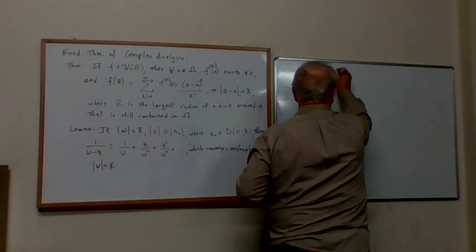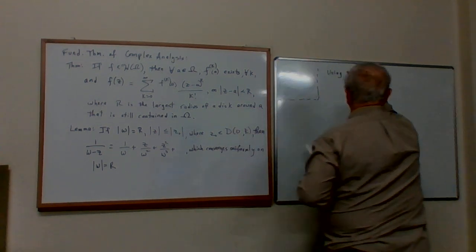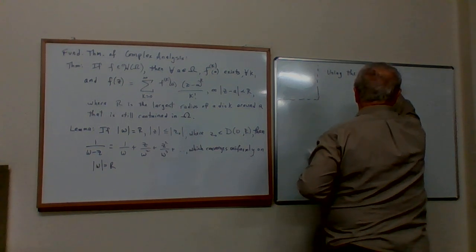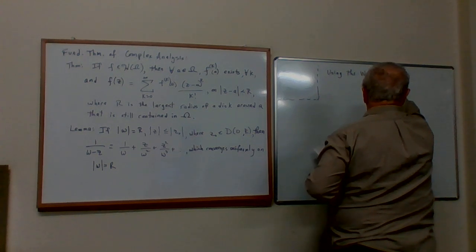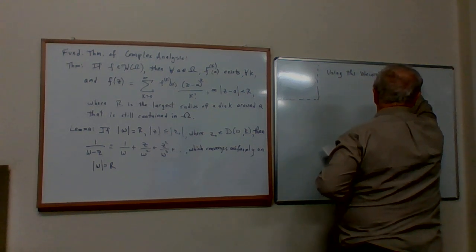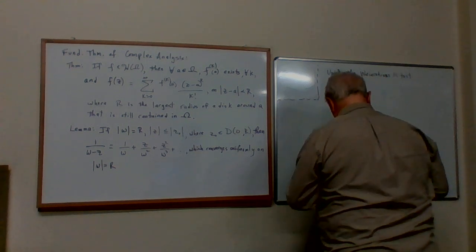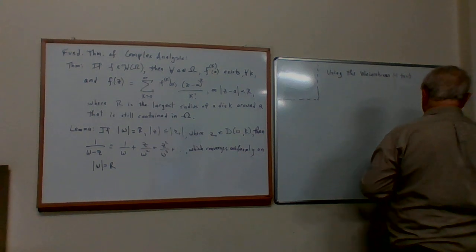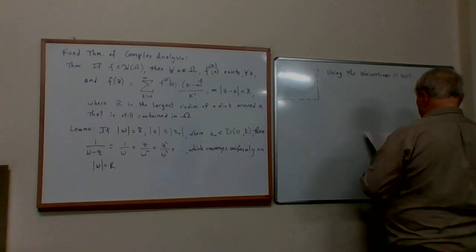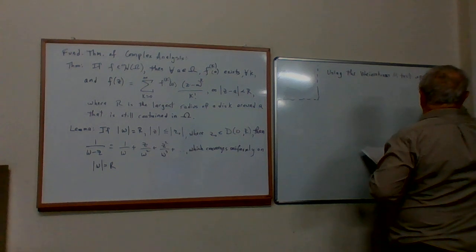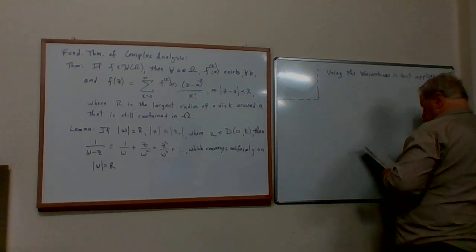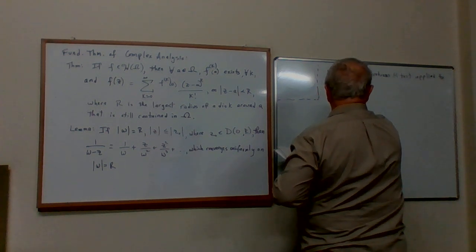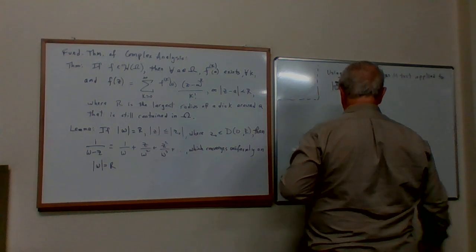So first of all, using the Weierstrass M test, which we've talked about before and which you hopefully got in advanced calculus or Calc 3. Applied to, what are we going to apply the M test to? |z over w| to the k.